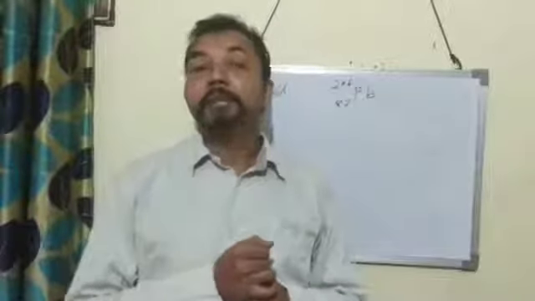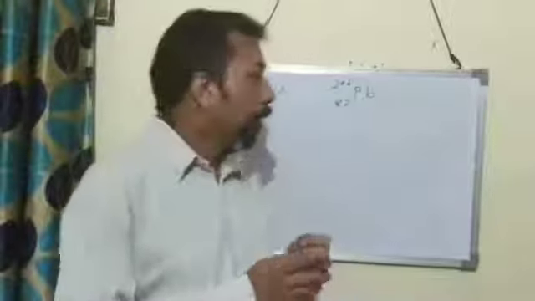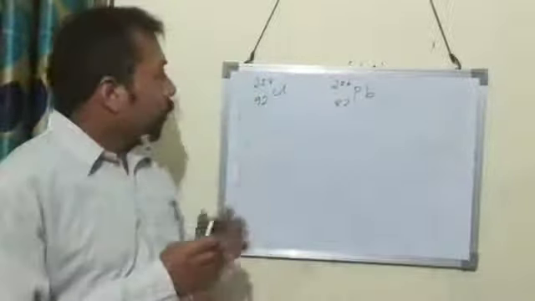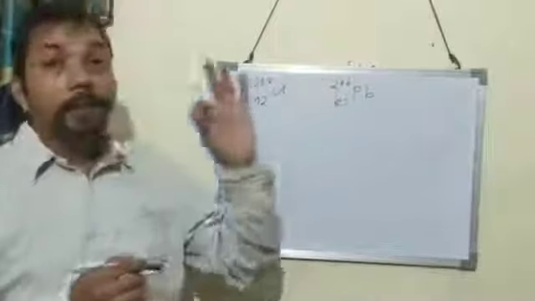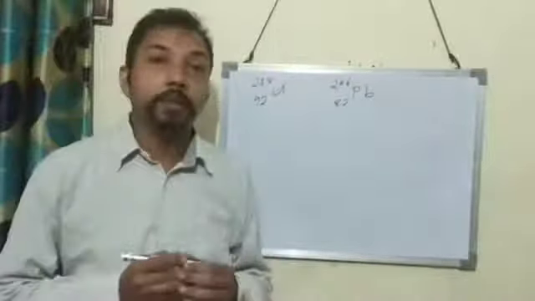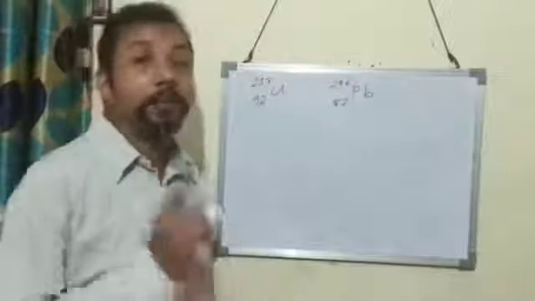And in beta emission, atomic number increases by 1 and mass number remains the same. So first of all we will find the number of alpha particles emitted.